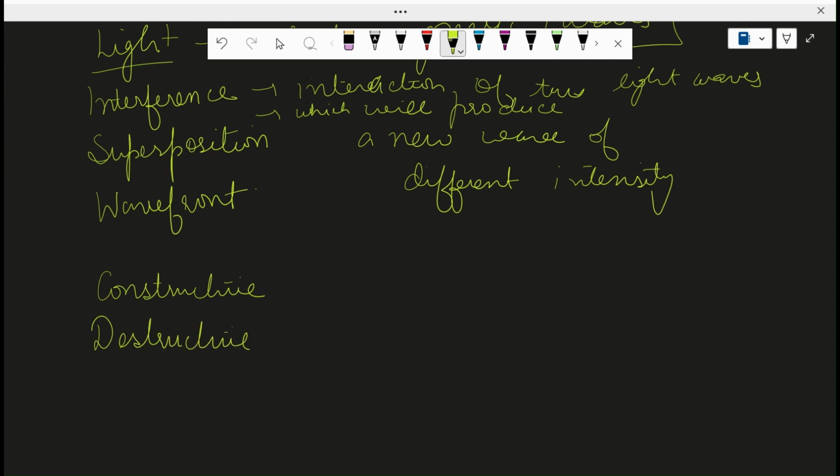Fine. Constructive interference and destructive interference, right?